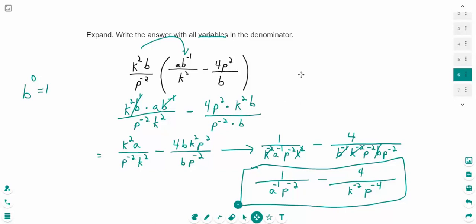We can express it with everything in the numerator. We can express it with everything in the denominator. We could express it with only positive exponents. We could also express it with only negative exponents if we wanted to. So there's multiple ways to express the solution, but all of those solutions are equivalent. All right, they look different, but they all represent the same value.